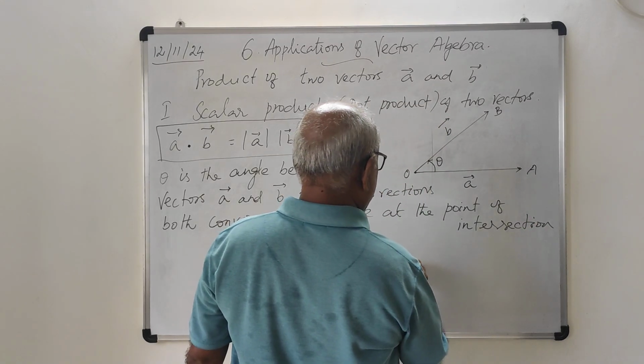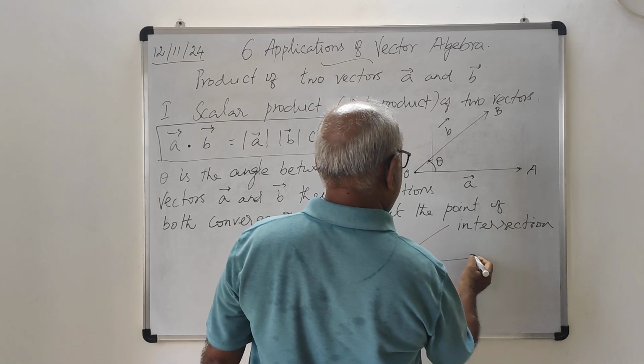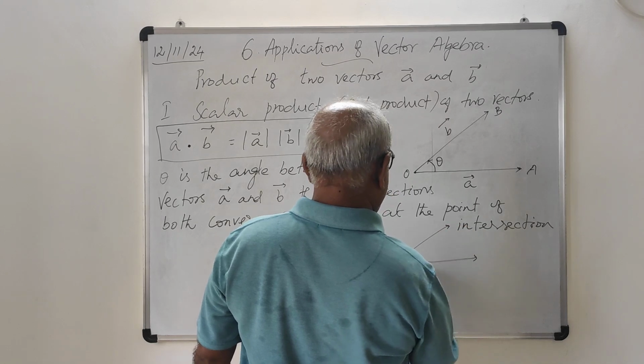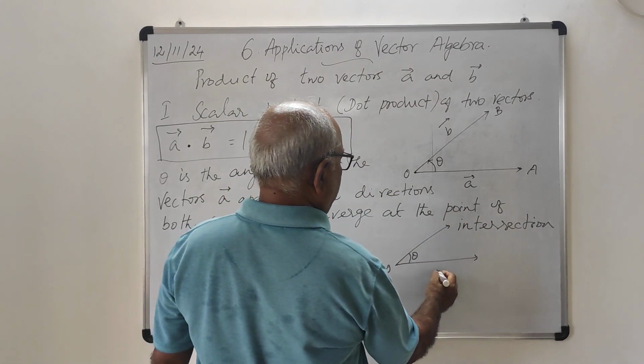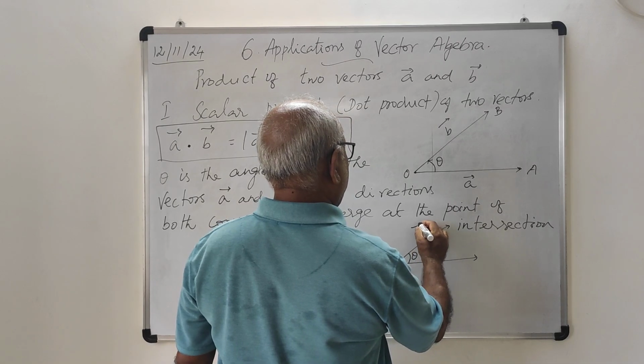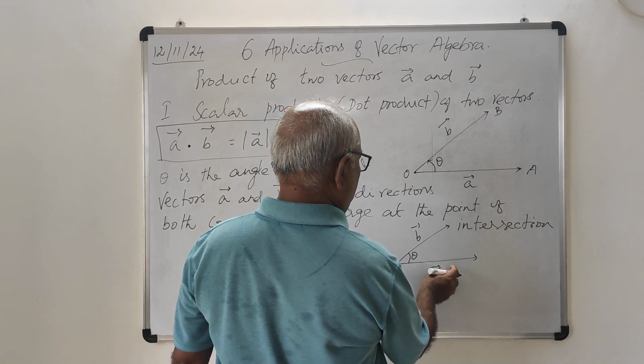That means this is diverging: both vectors A and B diverge from O.